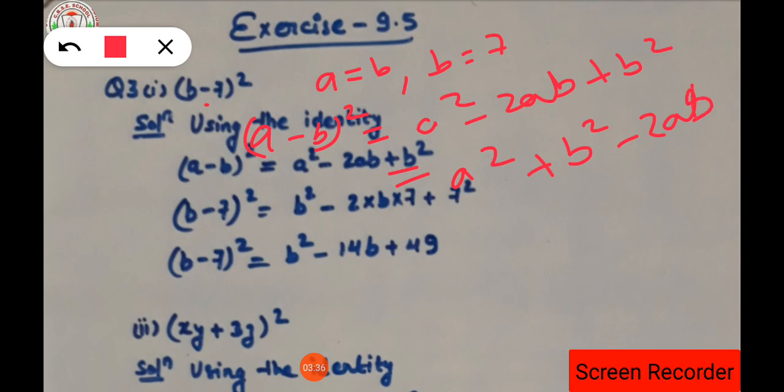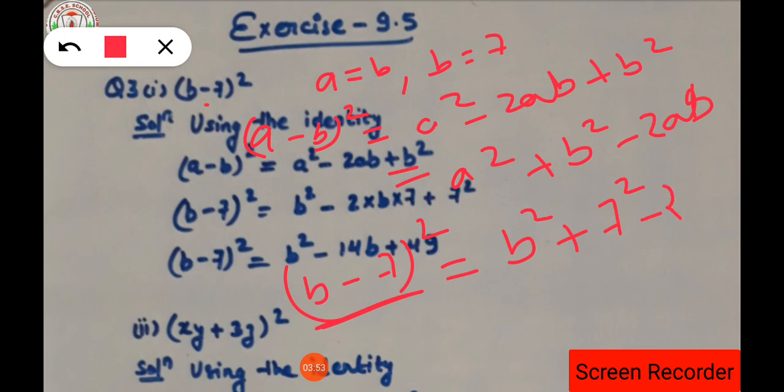Okay, so in place of a we are having b, and in place of b we are having 7, the whole square. So this term we have to expand in the form of the identity. So it will be b square plus 7 square minus 2 into b into 7, isn't it?